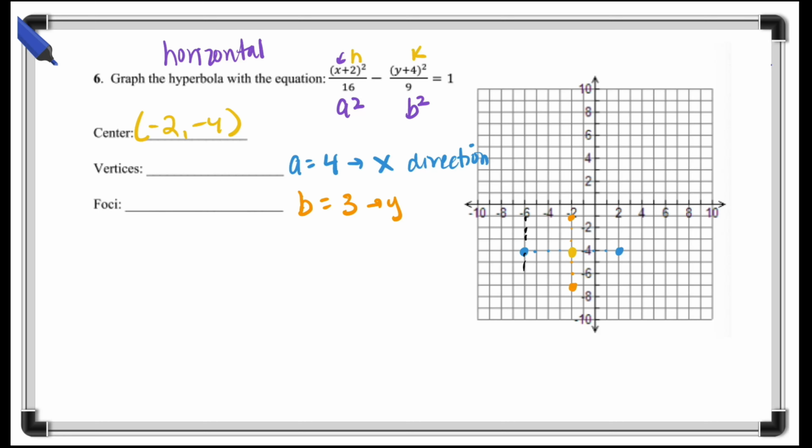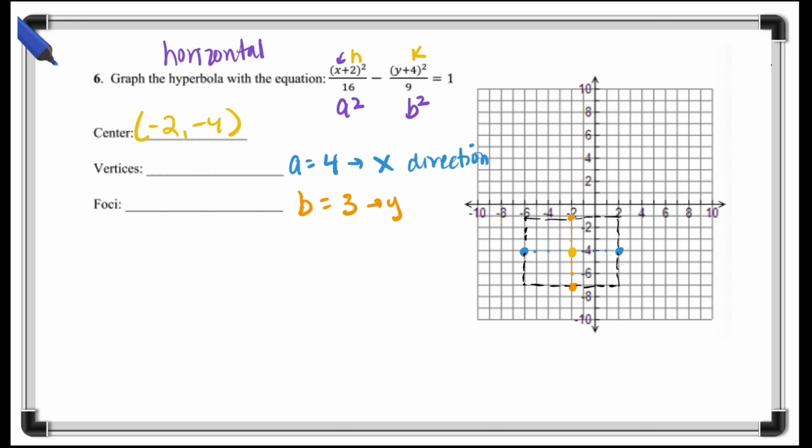Now doing this will help you to make that box. So that way you are able to go ahead and do your branches, right? So the important thing is you want to make sure that you can draw your branches correctly. That's why we have this little box, just to help you to keep everything in order here.